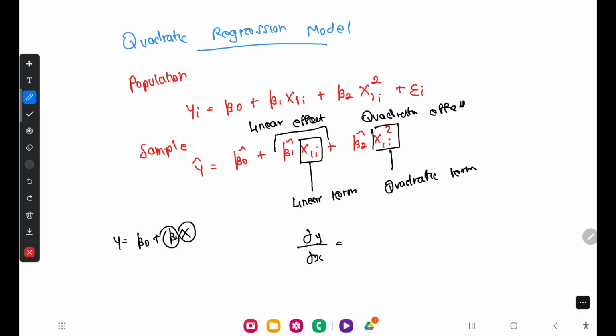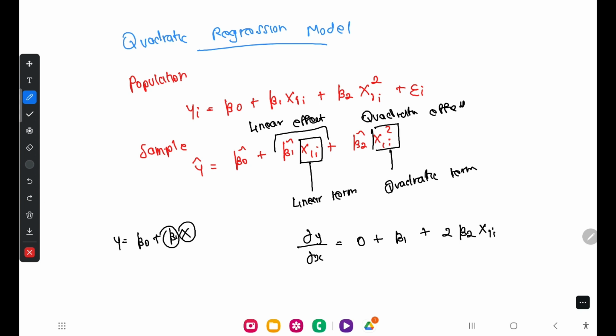So in terms of x, beta naught is a constant, so that will be 0. This term gives beta 1, then for beta 2 x1 squared, you bring the square in front. Remember guys, calculus, differentiation, we bring the 2 in front, so it's 2 beta 2 x1.